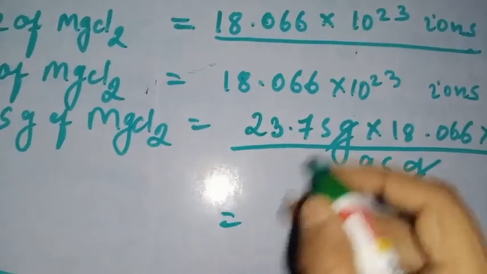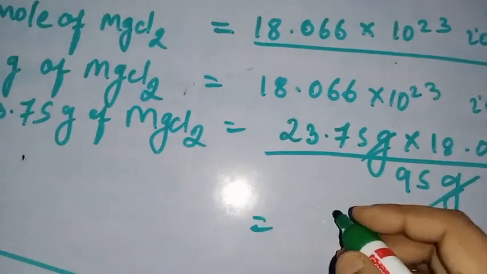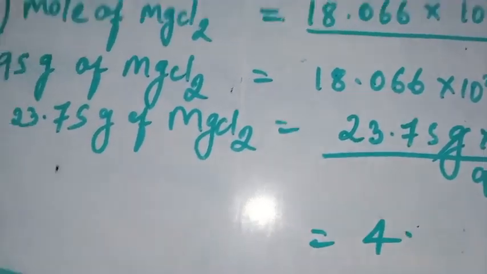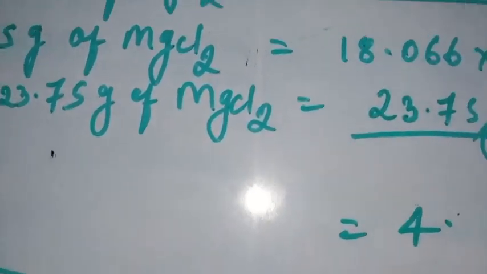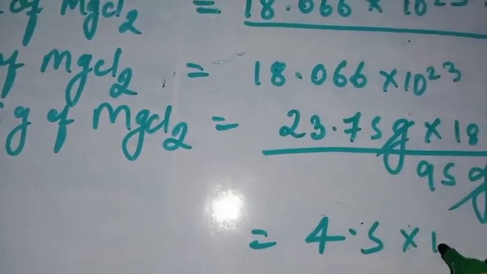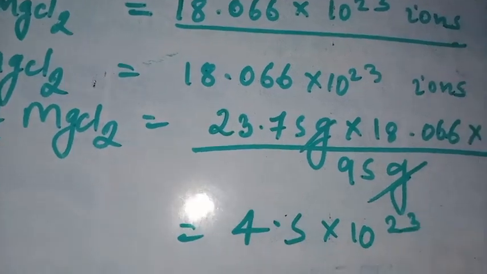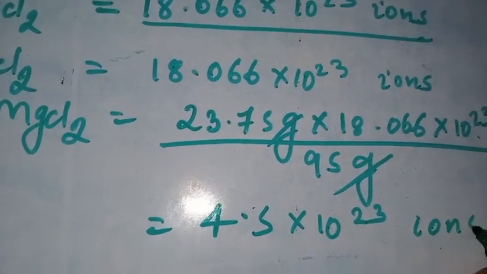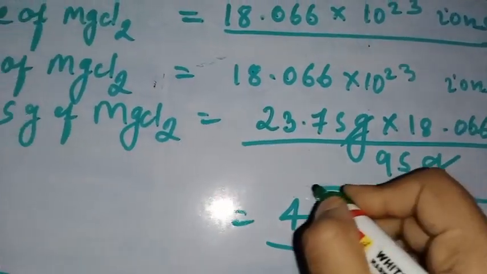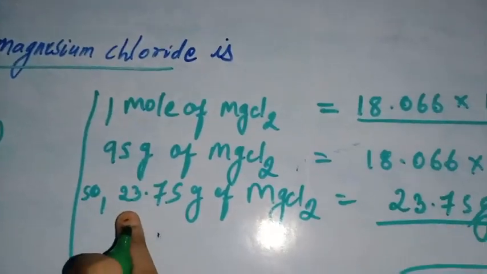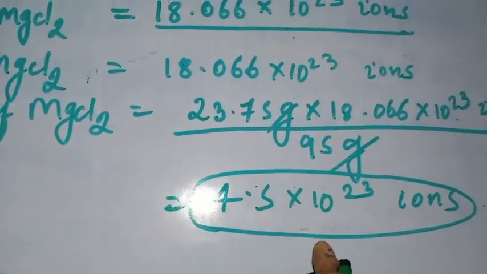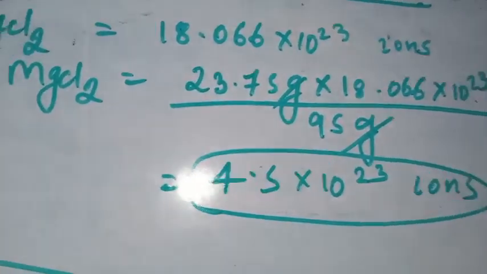If you solve this one, you will get around 4.5 into 10 to power 23 ions totally. So this will be your answer. So 23.75 gram of magnesium chloride contains a total of 4.5 into 10 to power 23 ions.